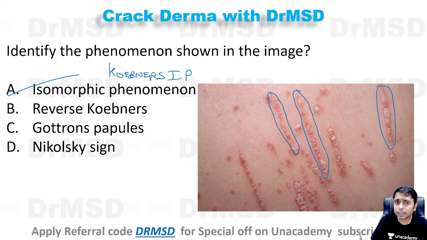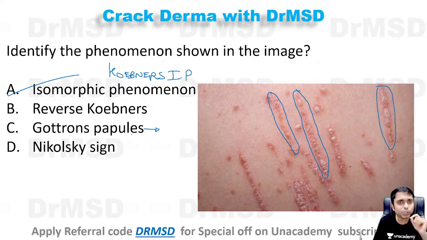Okay, and Gauter's papules. Some students have answered it as Gauter's papules. Can anyone tell me? This was actually an INSET question. Gauter's papules are pathognomonic of which dermatological disease? Maybe you might have already listened to this. I have already taken a class on this, where I discussed the INSET recall questions.